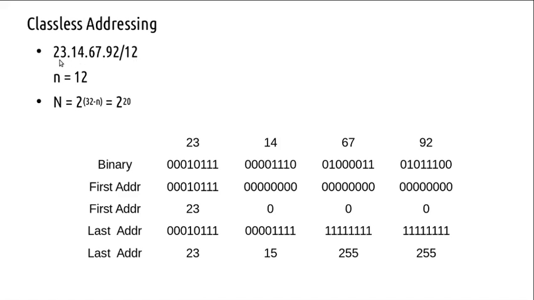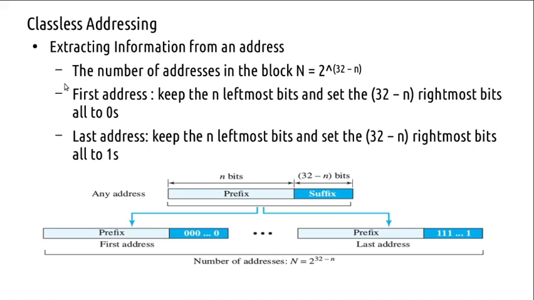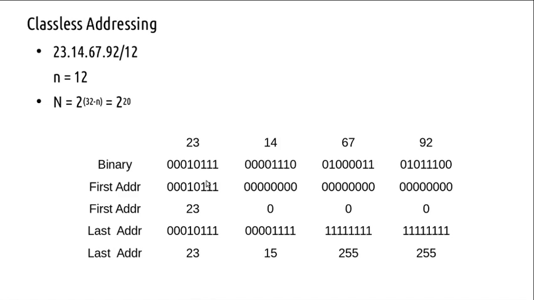So here I have an address, 23.14.67.92/12. This is the prefix length, n is 12 bits. I am converting each of these decimal values into binary: 23, then 14, then 67, then 92.